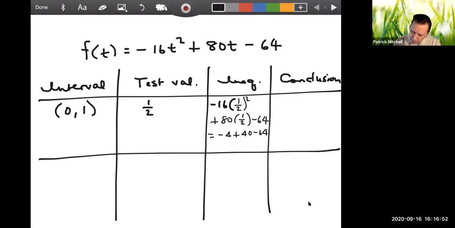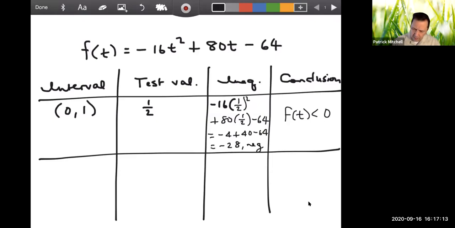Well, that's definitely going to be negative. It's going to be negative 28, which is negative. So in that interval, f of t is less than 0.